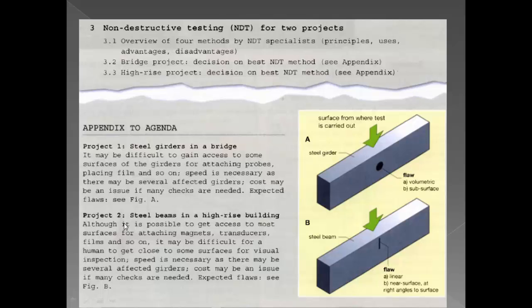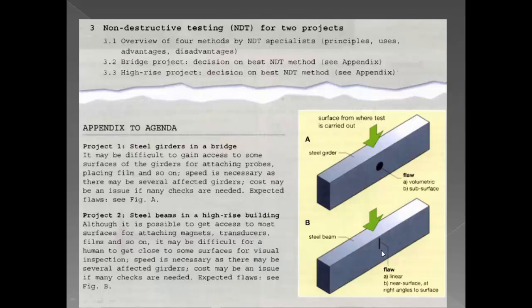Second, project 2: steel beams in a high-rise building. It is also possible to get access to most surfaces for attaching magnets, transducers, films, and so on. It may be difficult for a human to get close to some surfaces for visual inspection. Speed is necessary as there may be several affected girders. Cost may be an issue if many checks are needed. Expected flaw, see figure 2.